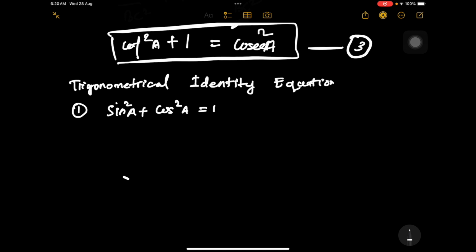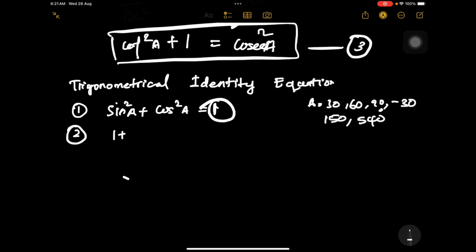For any acute angle A, it's going to be true for all values. If you put any kind of angle for A, it's true, so it will be 1. You can put A equal to 30 degrees, 60 degrees, 90, minus 30, 150, 540, any value, and this is going to be 1.